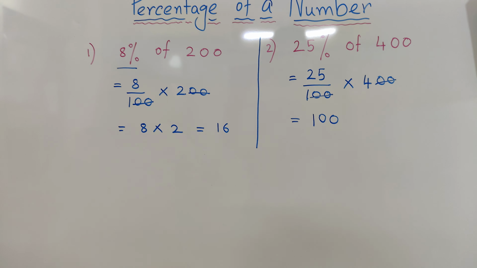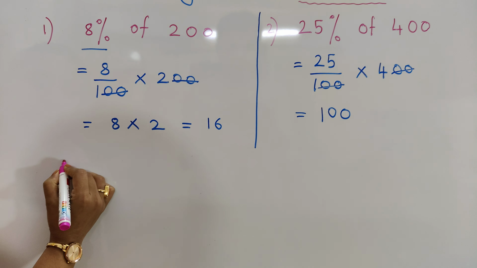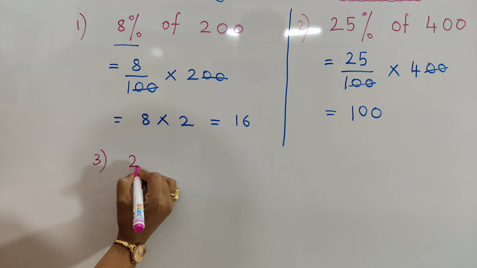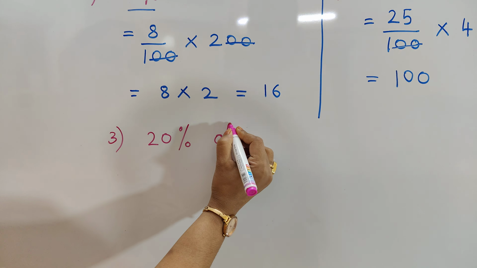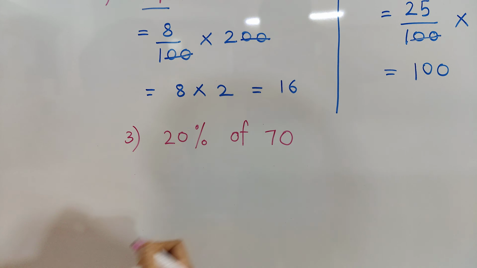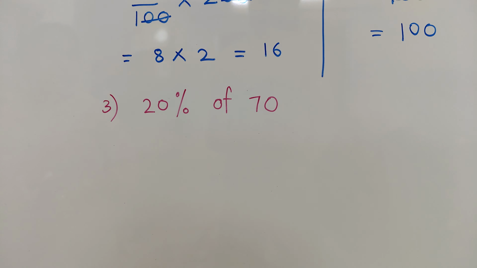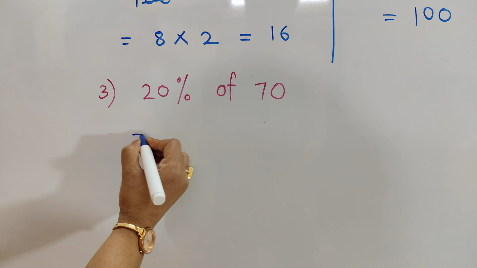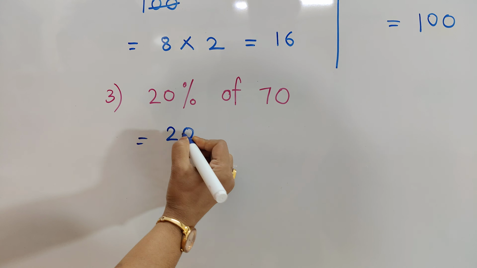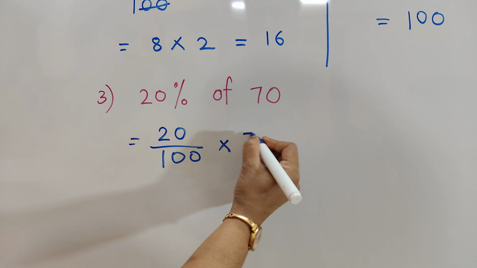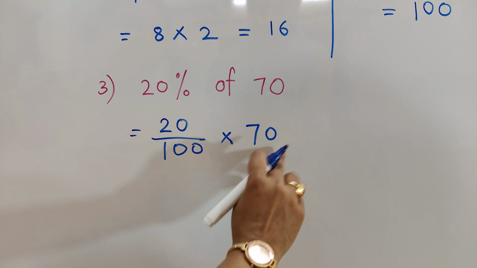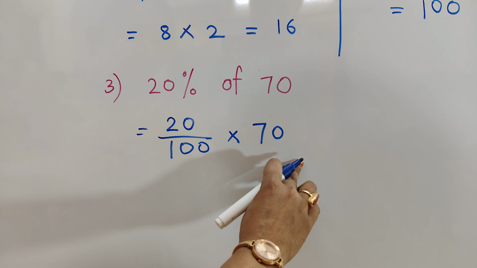Let me show you another example. Number 3. 20% of 70. So we know 20% is equal to 20 by 100. Of will remain as it is, and 70. We will write the remaining part of the question.